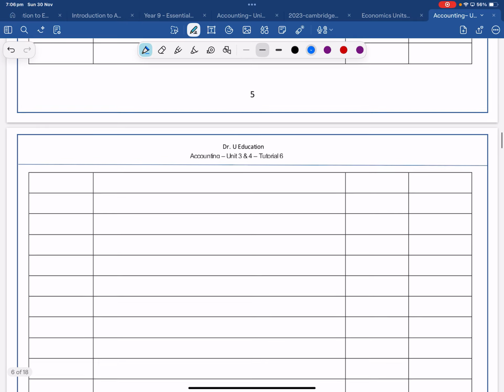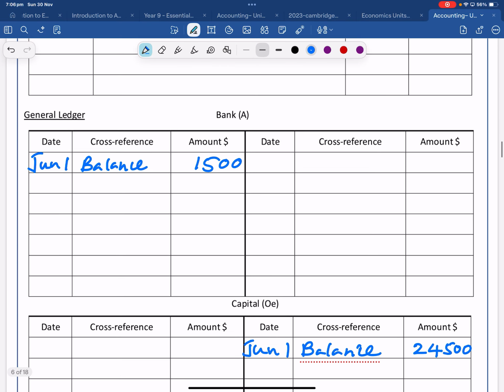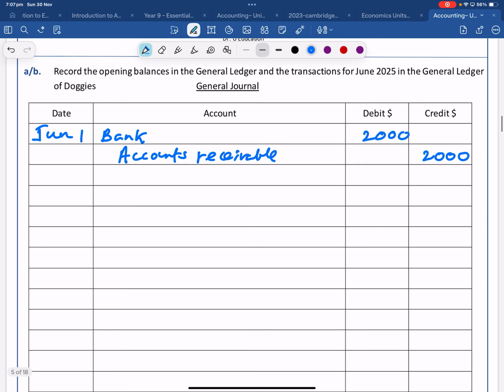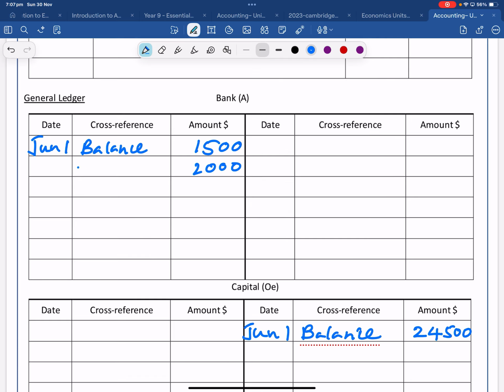Okay, so the double entry, guys, we recorded this. No, we didn't record. Bank, what happens? 2000 debit. June 1st still. We don't have to repeat the date if it is on the same day. Right, you are saying accounts receivable.